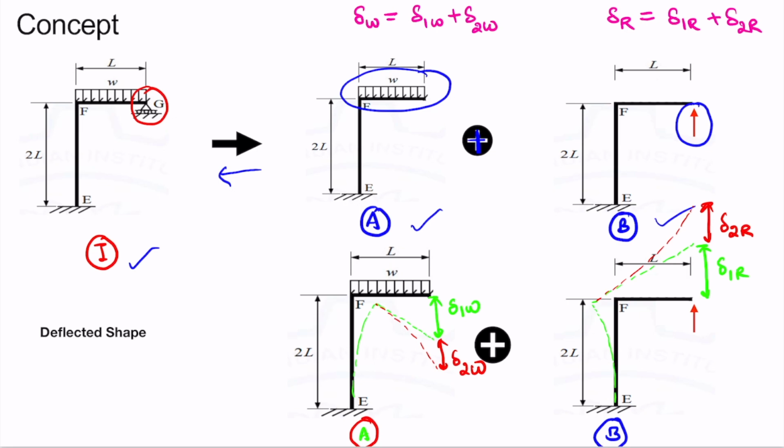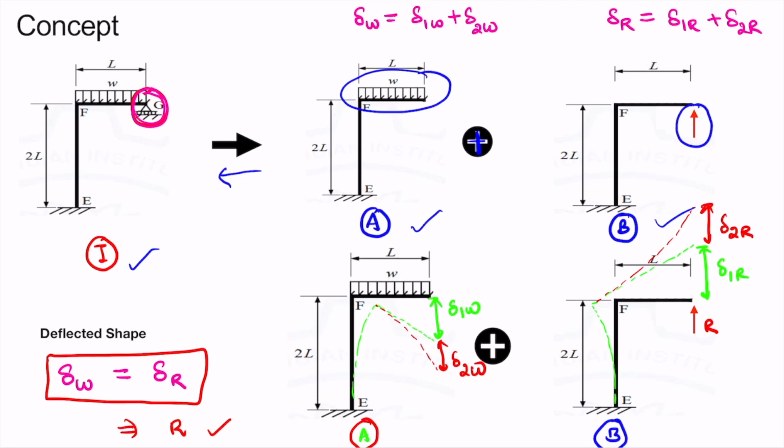In order to satisfy the compatibility condition, we know that the support G is not going to move, since it is supported. So there will be no deflection at point G. This means that delta W should be equal to delta R. This is our final equation. We will equate delta W with delta R, and finally we get our value of support reaction R.